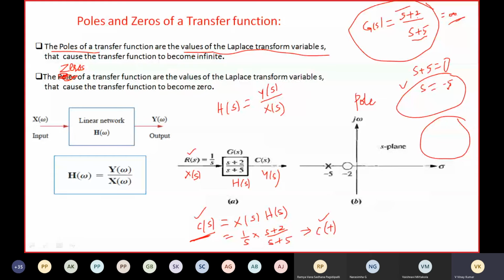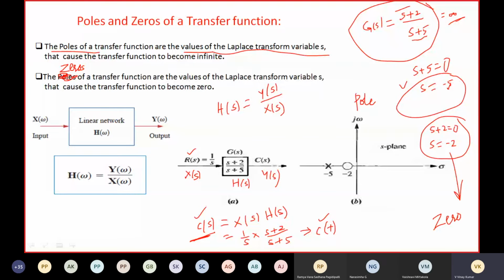Making this transfer function equal to 0 means making s plus 2 equal to 0. Then s is equal to minus 2, right? So this is called the zero of a transfer function.